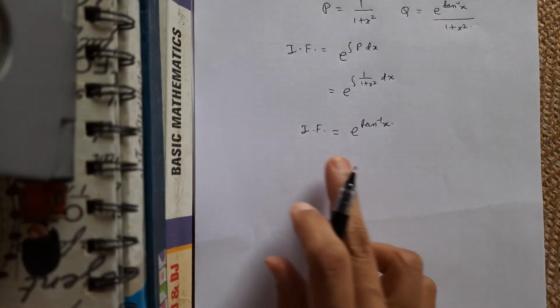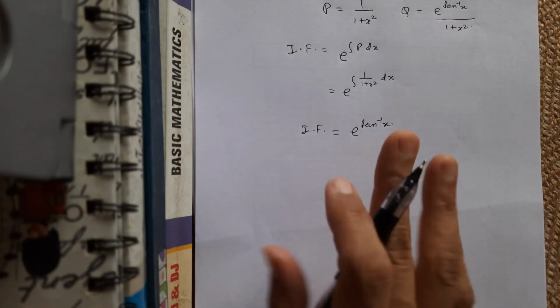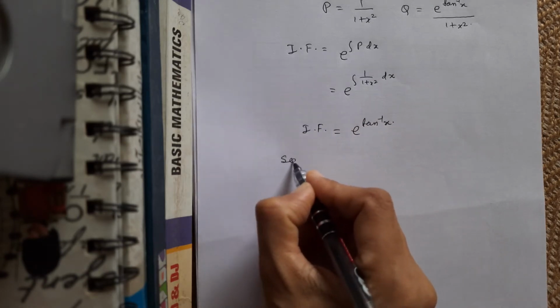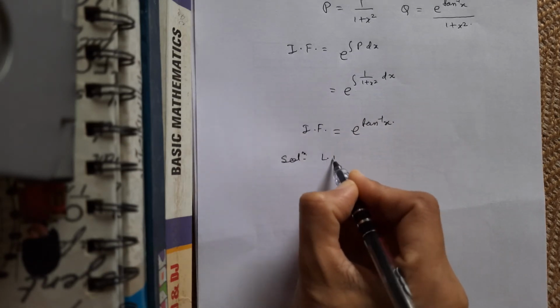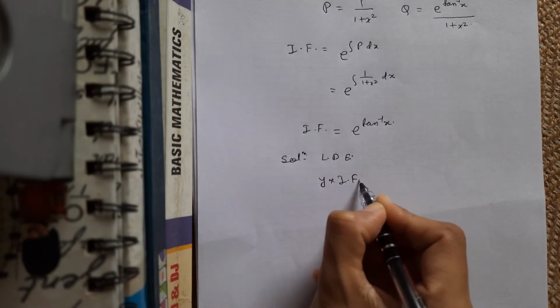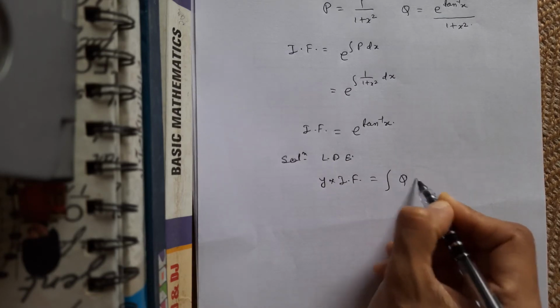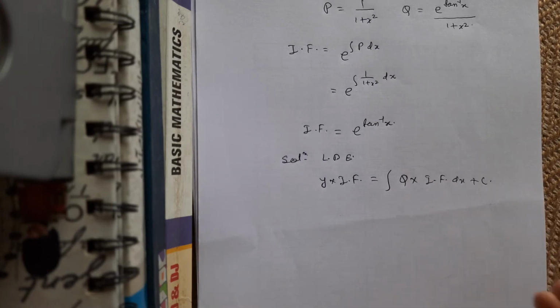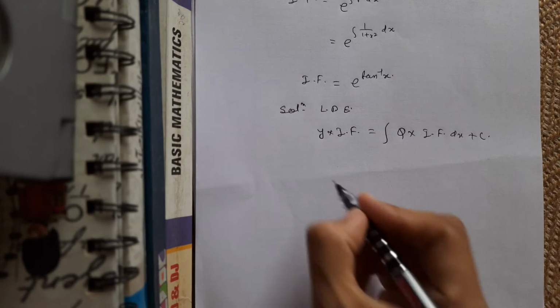Now if I want to find the solution of this equation, once I have the integrating factor, the solution is very simple. The solution of LDE is given by y multiplied by IF equals integration q multiplied by IF dx plus C.